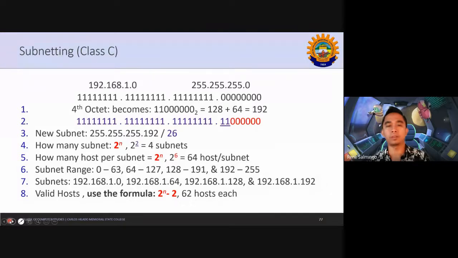As an example, we use subnetting with class C. In this example, you have the class C address 192.168.1.0. This is your IP address, and what you need is to subnet.